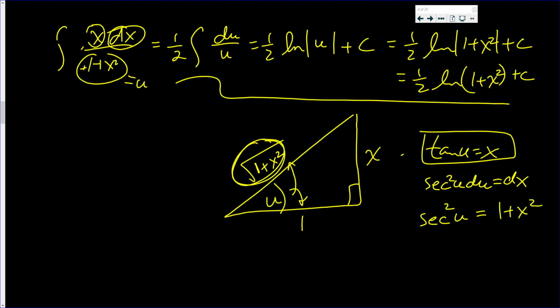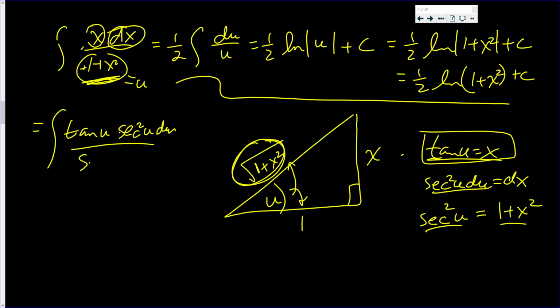Okay. So this integral becomes x, which is tangent u, times dx, that is secant squared u du, and then the bottom is 1 plus x squared. Let's see, oh, that's secant squared u. This cancels out. We get the integral of tangent of u du.